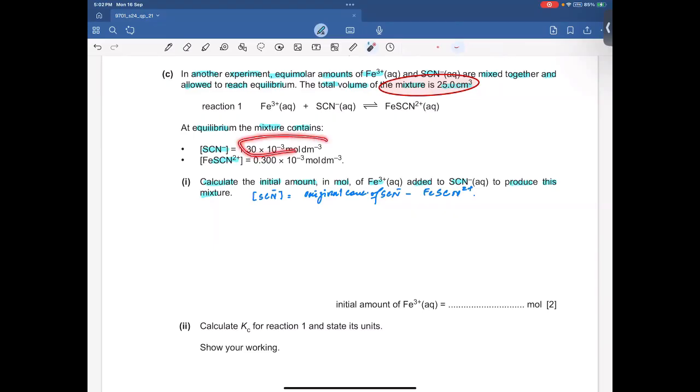This is the concentration which we have determined by using the initial value of this and the produced amount of this.